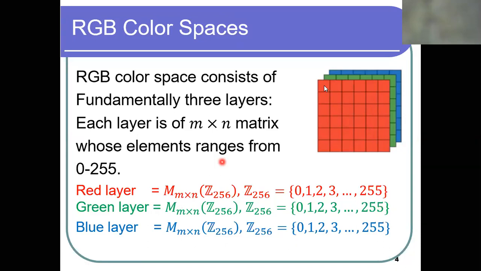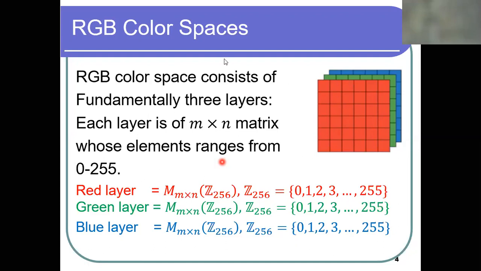This is the first pixel, this is the second, and it has 36 pixels. The same is the case with the blue layer. So I can write the red layer as a matrix of M cross N over Z256, where Z256 is 0, 1, 2, 3 up to 255. Similarly, the green layer can be written like this, and similarly the blue layer.